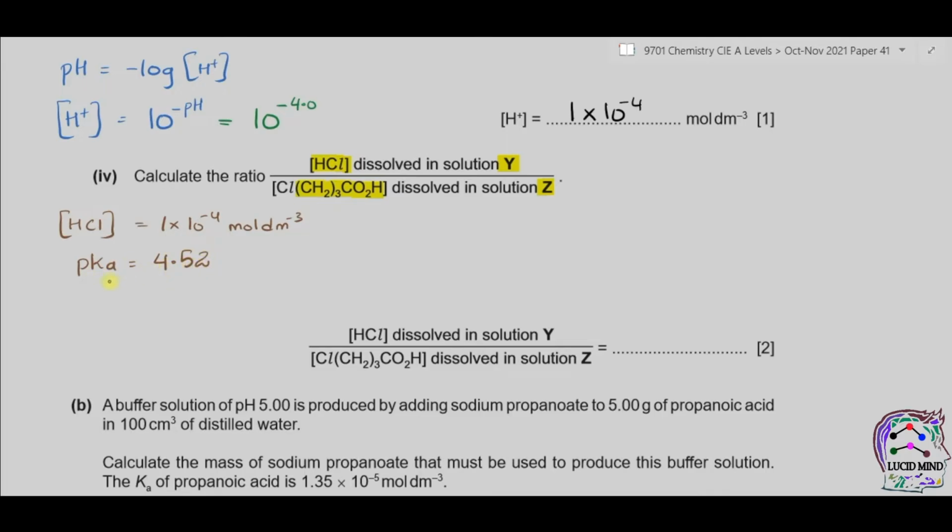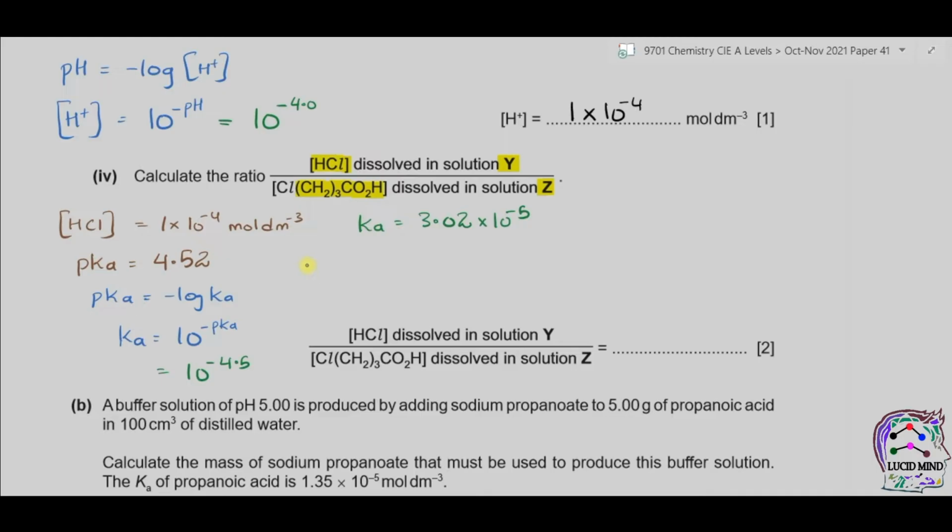Let's find the value of Ka from this, as pKa is equal to negative log of Ka. So we can find Ka, which will be equal to 10 exponential minus pKa. Putting values, we have 10 raised to the power minus 4.52 and Ka will come equal to 3.02 exponential minus 5.